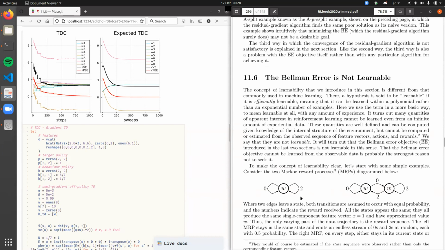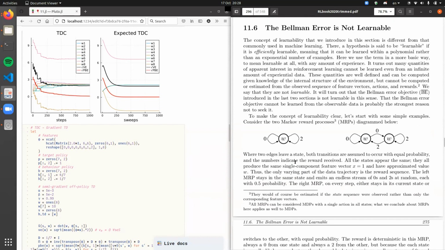So here is another example which demonstrates this failure case when we cannot learn a Bellman error. So we have two MDPs or MRPs, one with one state, and we have a transition from this state back to itself. And with equal probability, we get a reward 2 or reward 0.